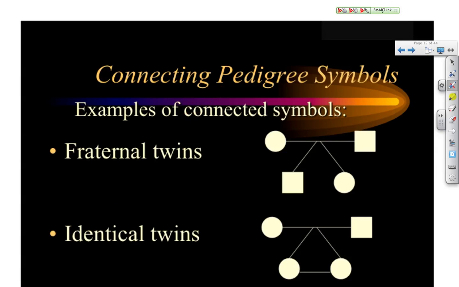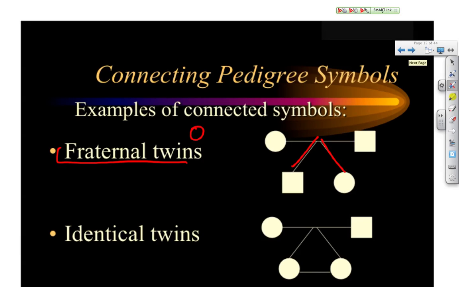Now, as we said on those connections, there are some rare examples that you will see. Instead of having one line down, in the case of having two lines, but we know that both of these offspring are from the same pair of parents, this is how we indicate fraternal twins.